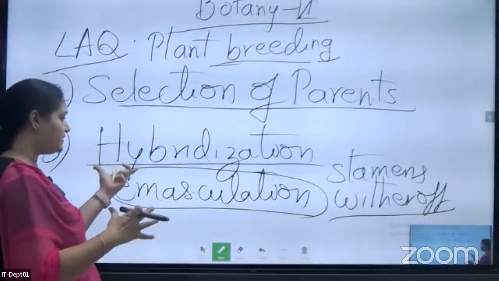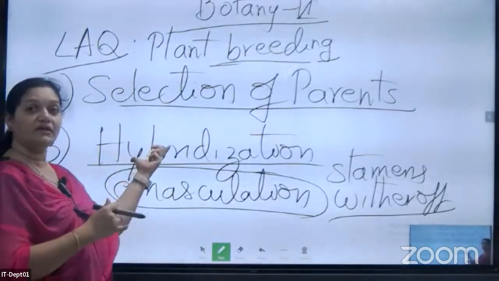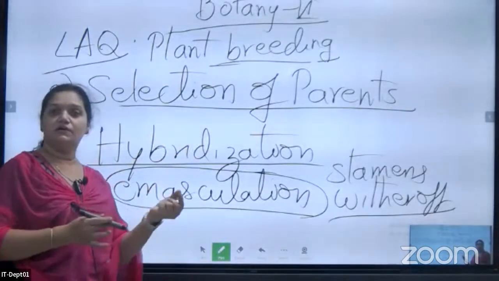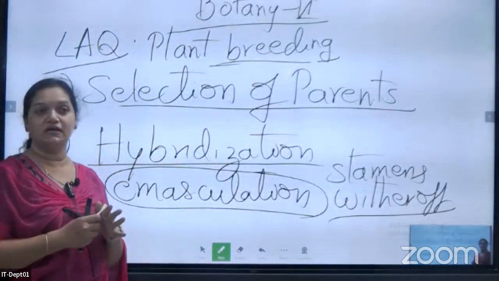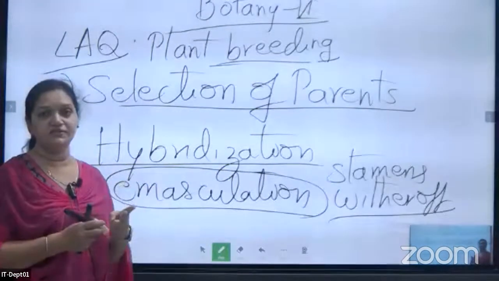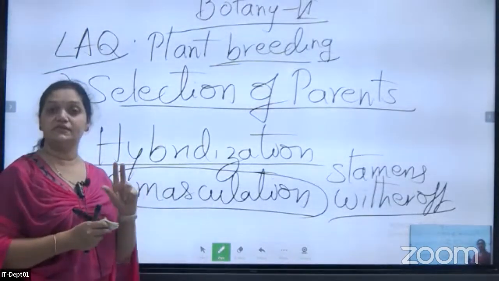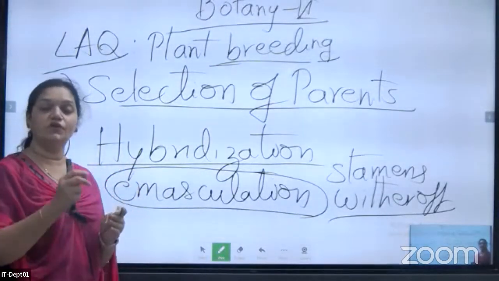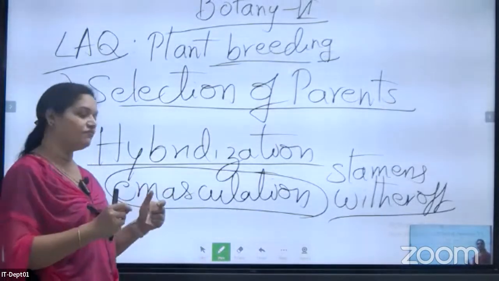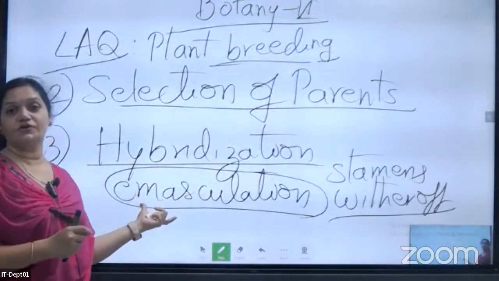After the emasculation, first of all, what do we have to write in the hybridization process? Of the two parents selected for the hybridization process, one parent we call the female parent. That inflorescence should go through the emasculation process.